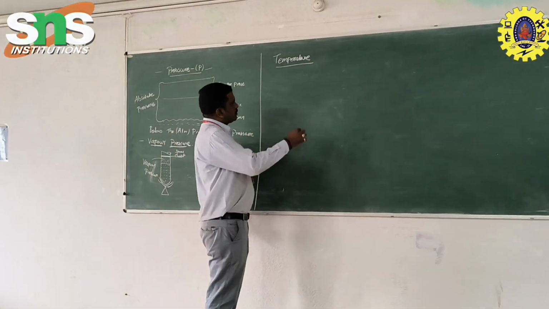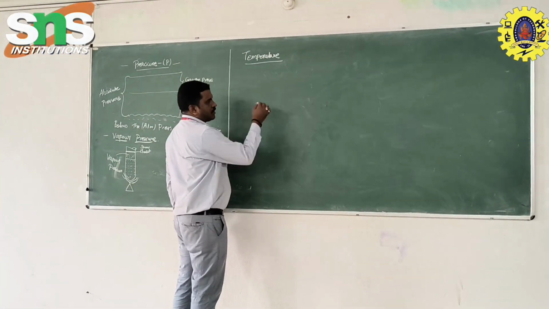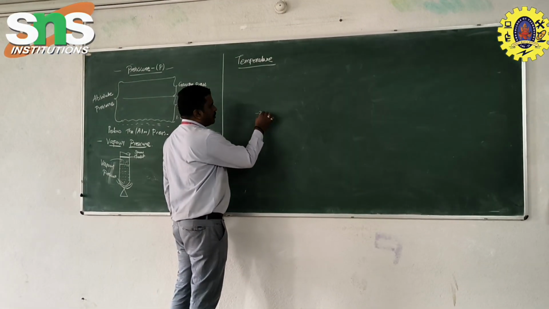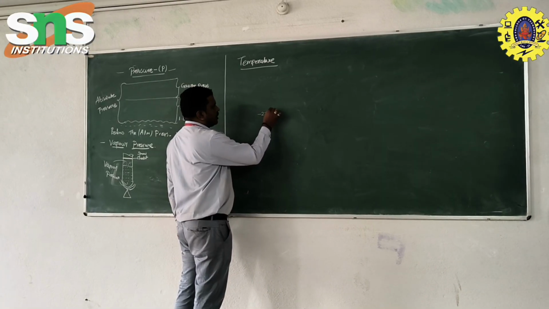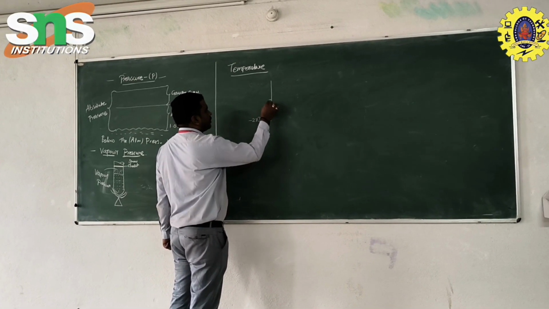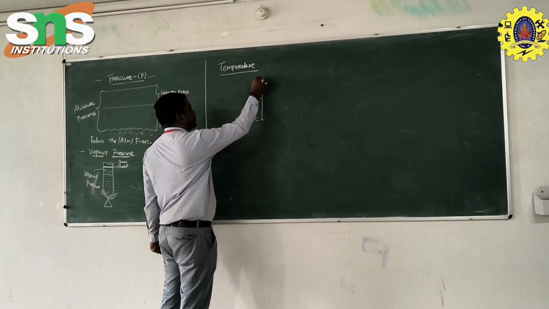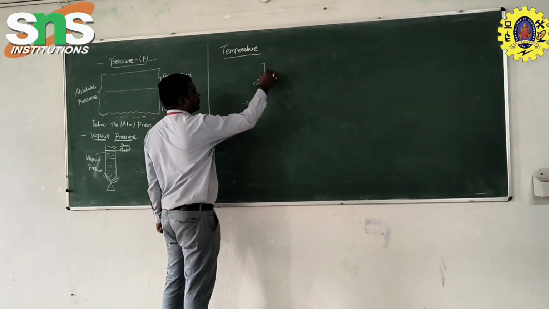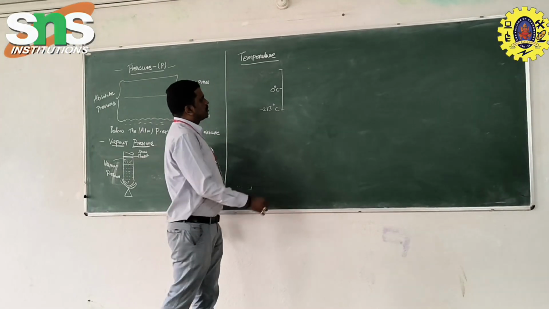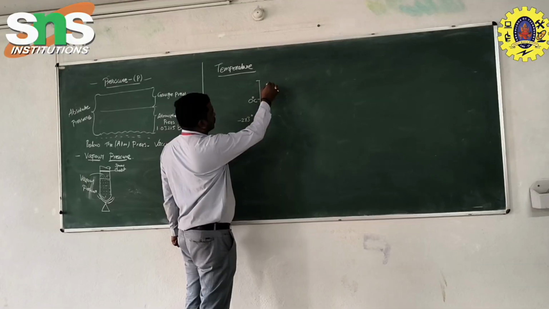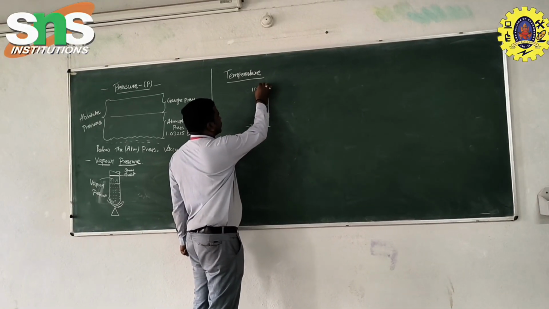So normally, we use minus 273 degrees Celsius, and then 100 degrees Celsius.